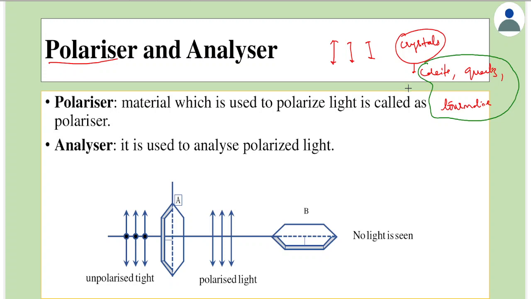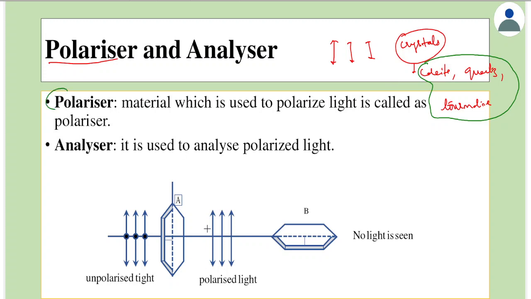And also, there are some man-made devices which are also used to polarize light. So any device, whether man-made or occurring naturally, which is used to polarize light, is called a polarizer.